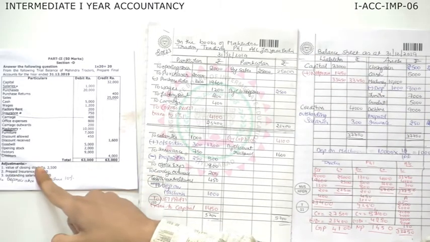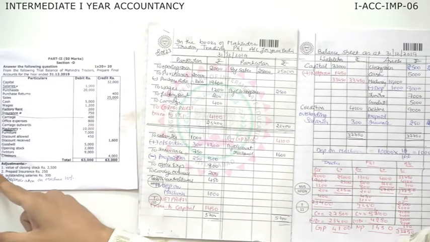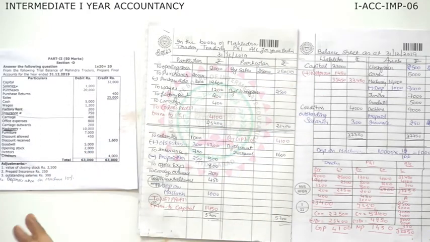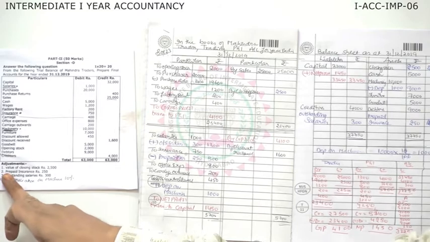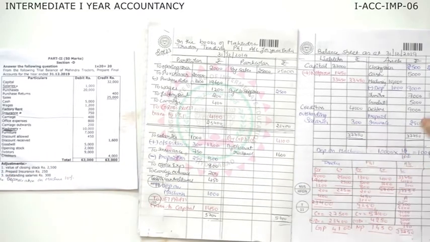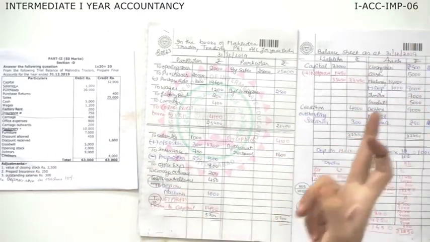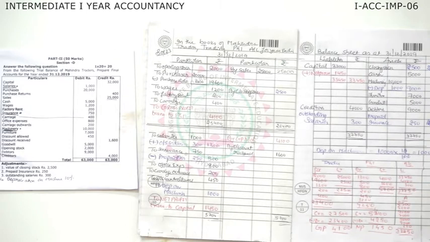Prepaid insurance, or let it be prepaid wages, anything which has the word prepaid: first effect will be asset. Second, it will be subtracted from the related expense.